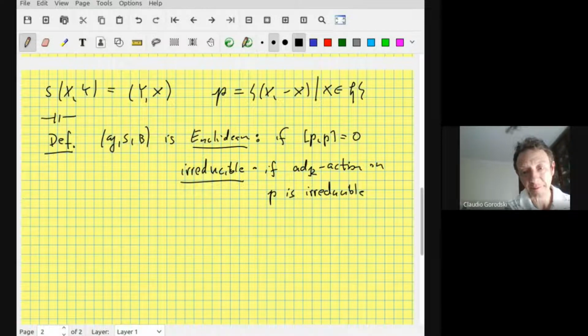Okay. So the Euclidean Lie algebras correspond to Euclidean spaces, in fact, or quotients of Euclidean space, like flat tori.